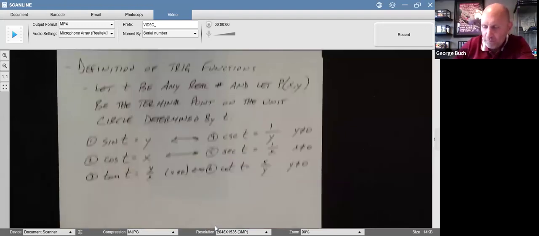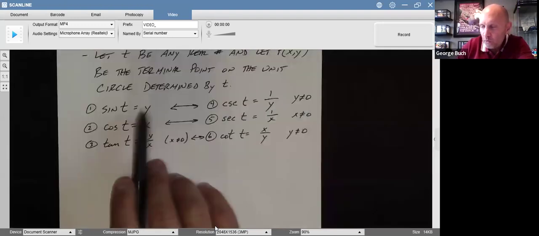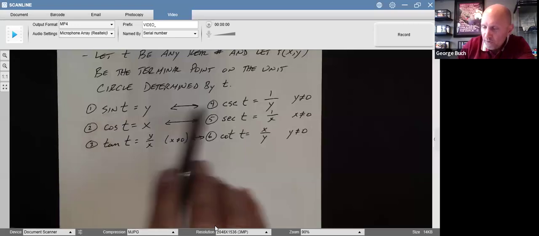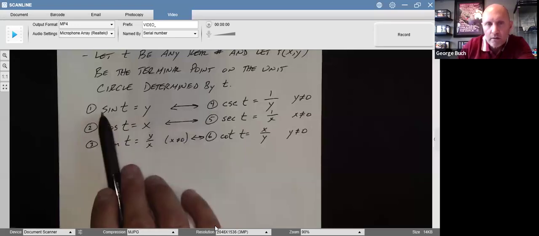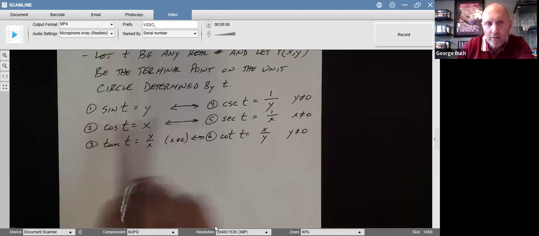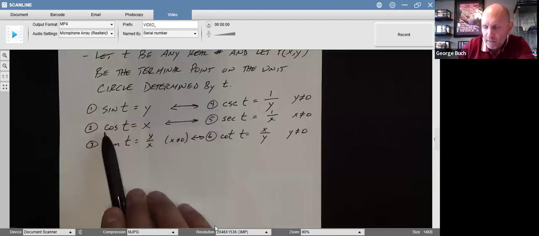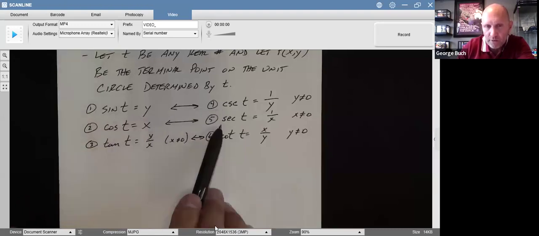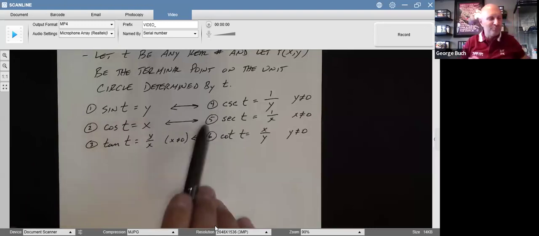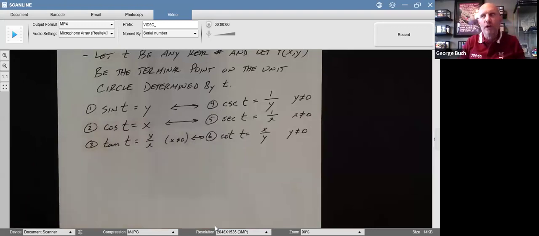One way to remember what goes with what is that it's always S and C, S and C. So if I have sine, then the C value is cosecant. If I have cosine, that's a C, so I need the S value, secant, or vice versa. That way it prevents you from thinking cosine is cosecant, sine is secant. No, don't let that trick you.